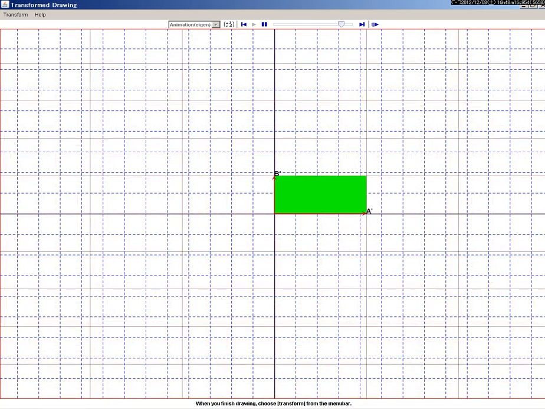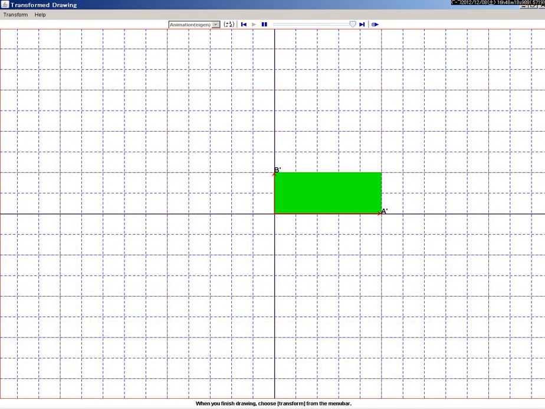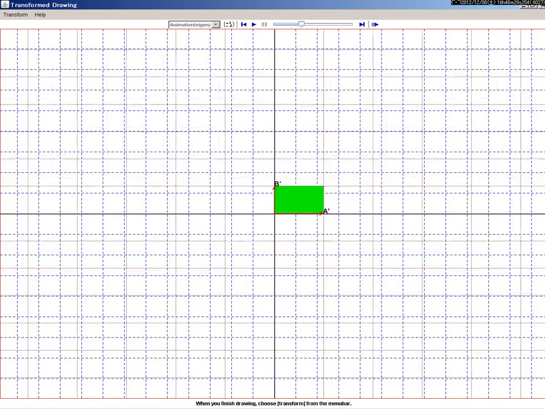This is by A. Five times magnification along the x-axis and twice along the y-axis.